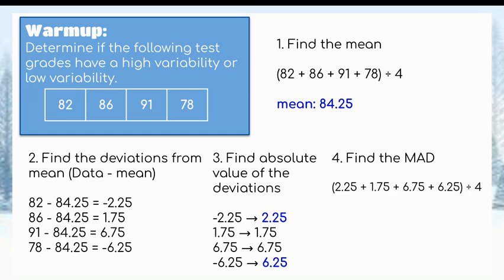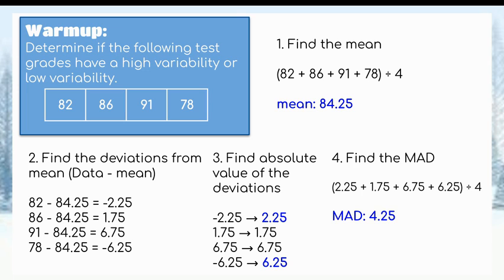So I'm going to add them all together again in parentheses to make sure that we don't make a mistake. So when I add 2.25 plus 1.75 plus 6.75 plus 6.25, I get 17. 17 divided by 4 gets me a mean absolute deviation of 4.25.